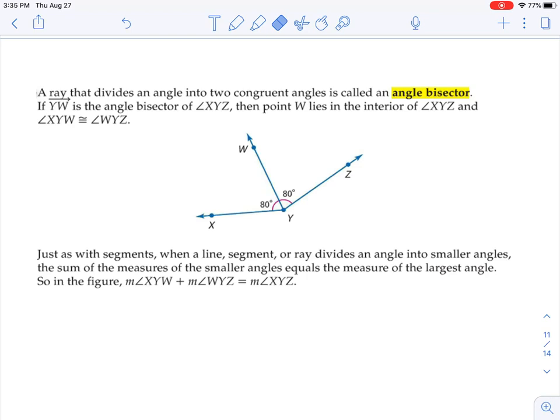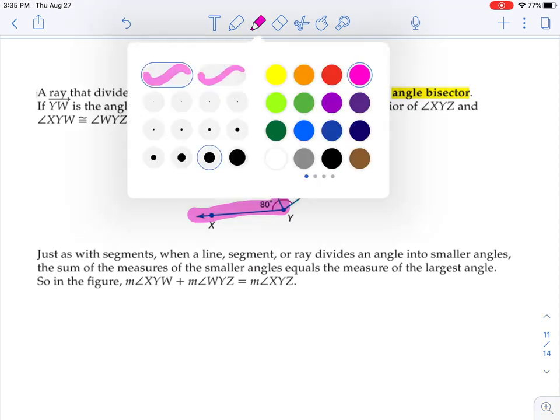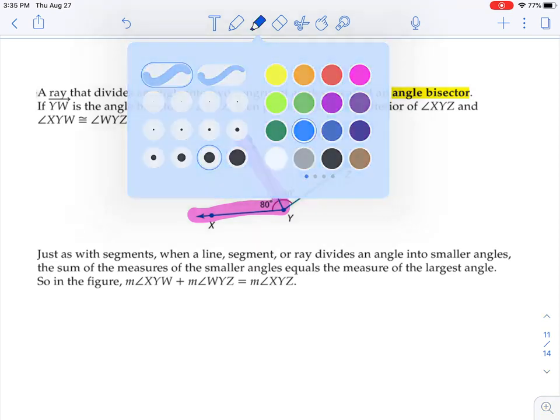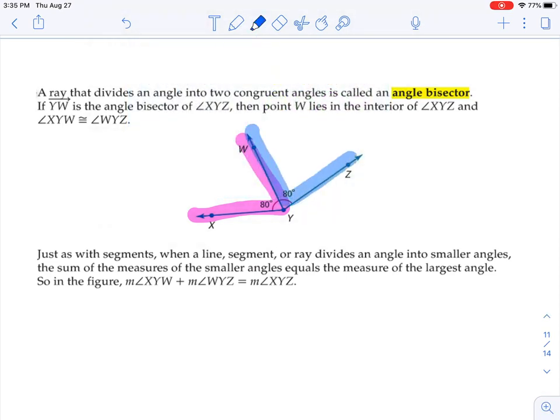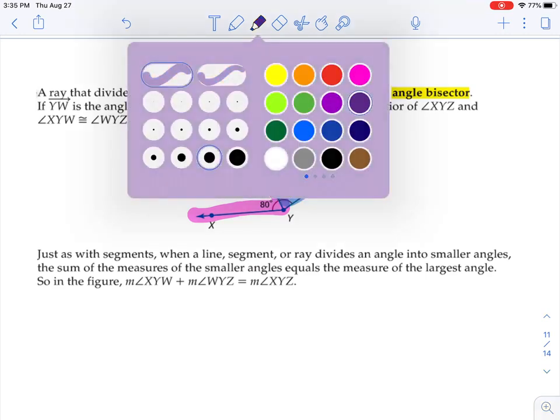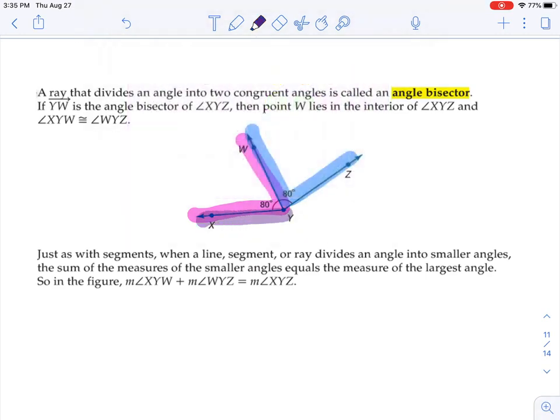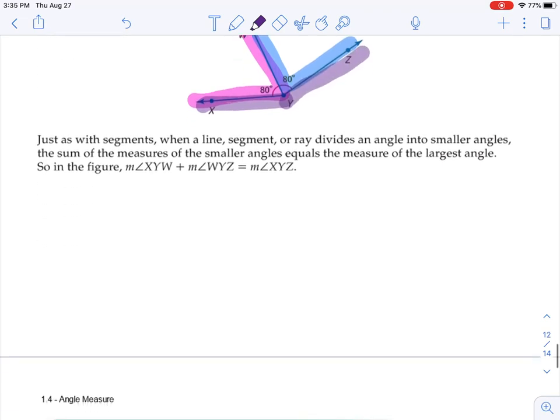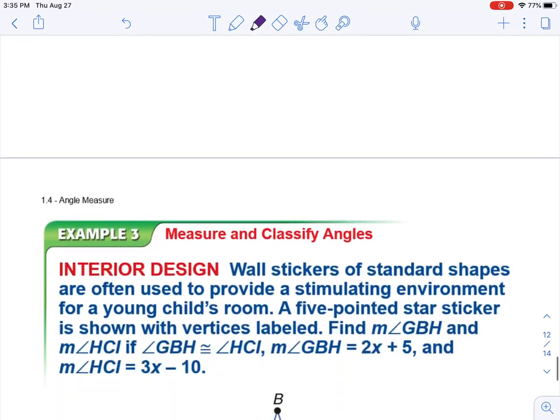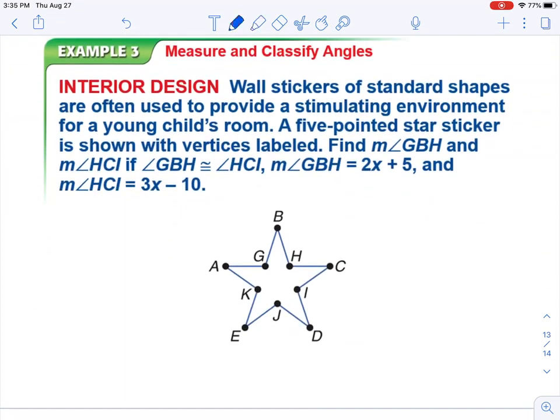So in this figure, the measure of XYW plus the measure of WYZ equals the measure of XYZ. It's like our segment addition postulate, but now it's with angles.